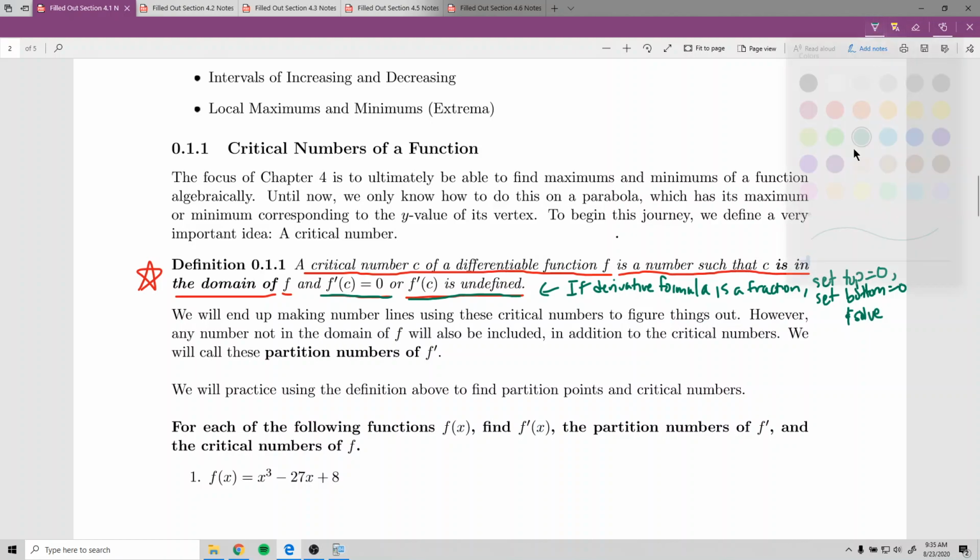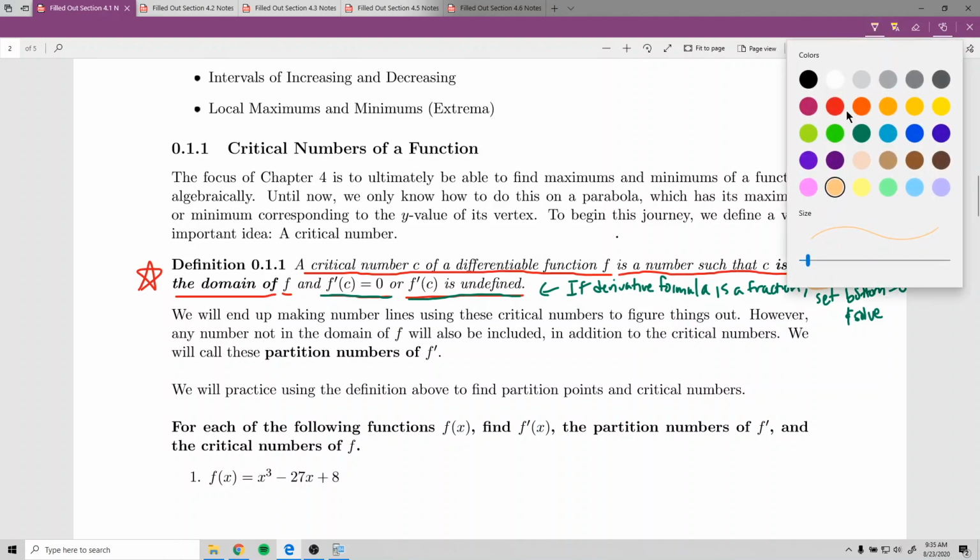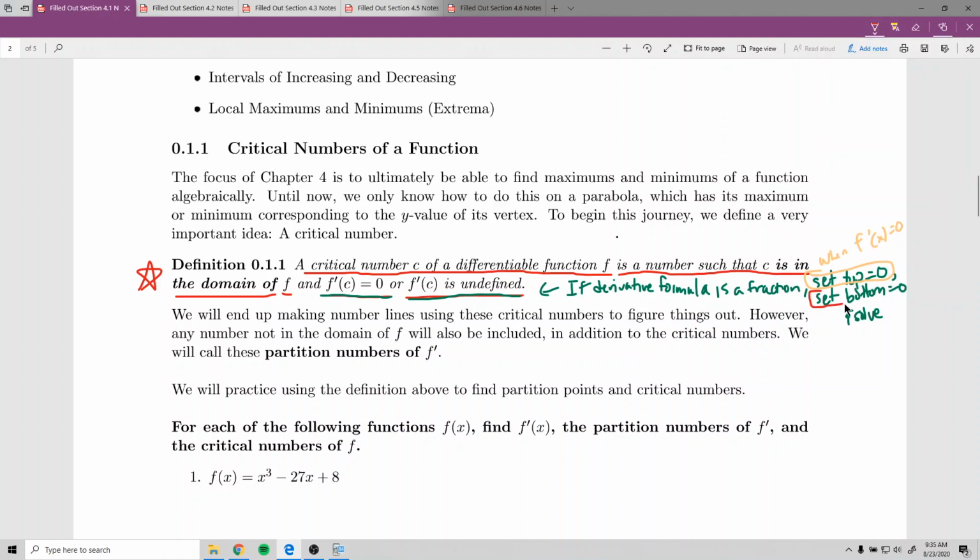Because when you set the top equal to 0, this will give you when the derivative is 0. And when you set the bottom equal to 0 and solve that, it will tell you when the derivative is undefined, or does not exist.